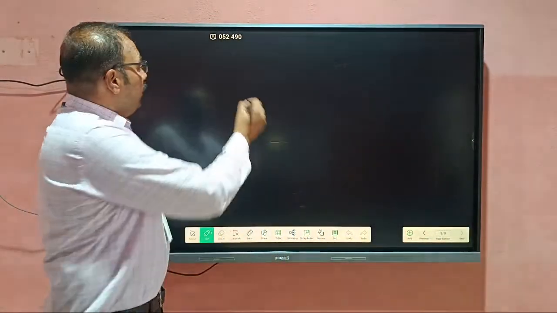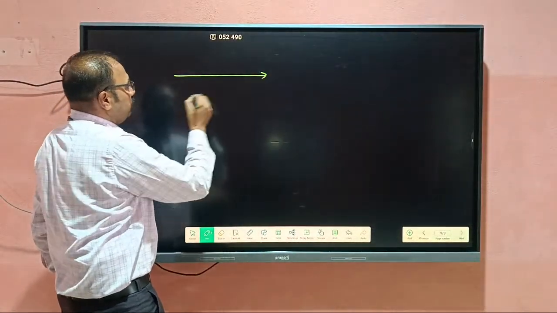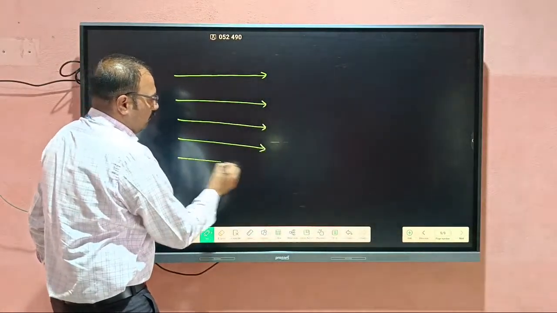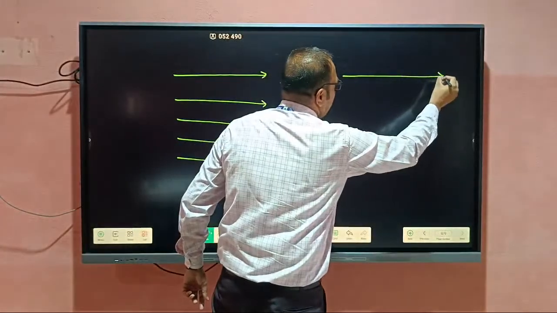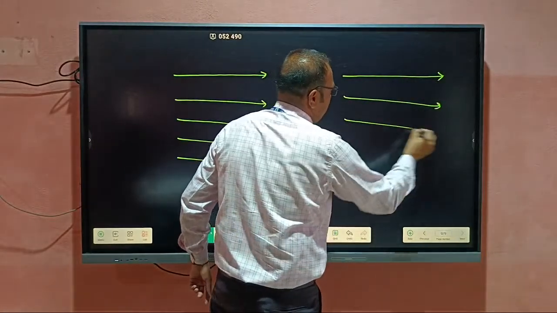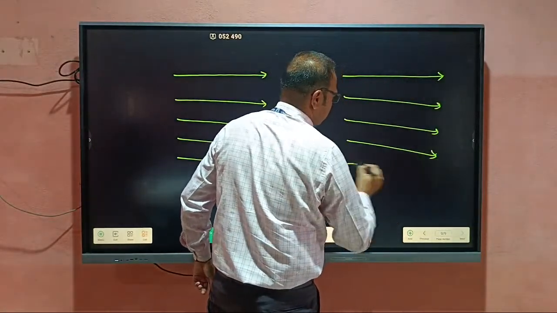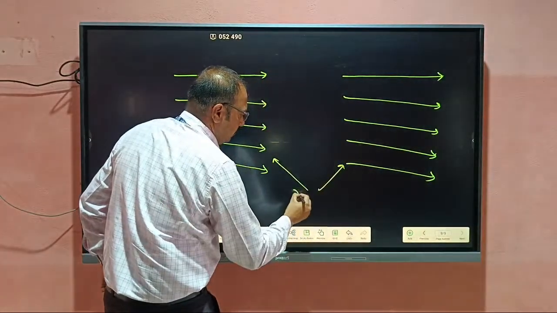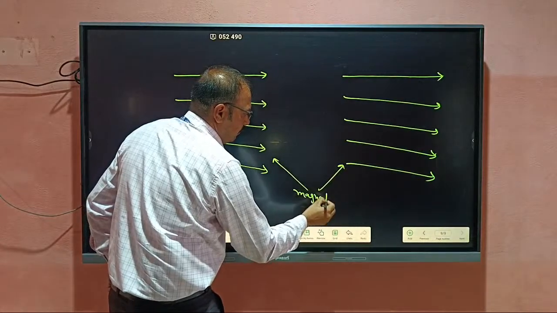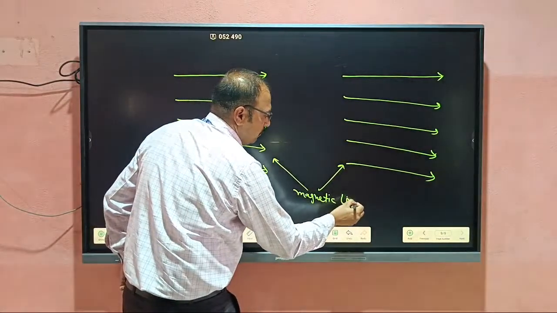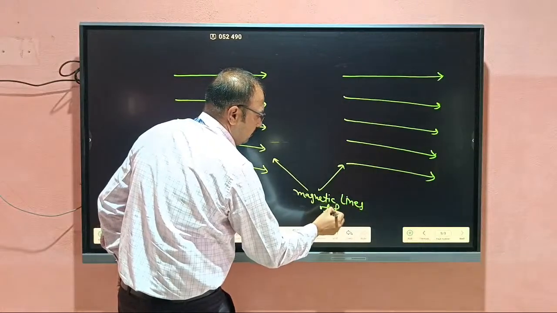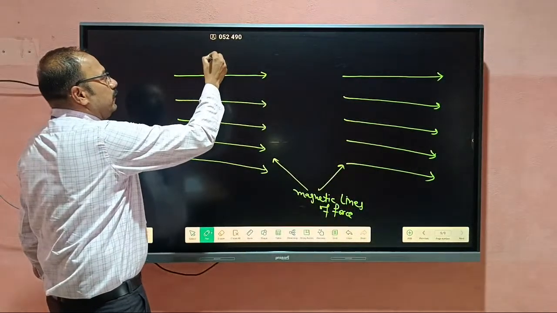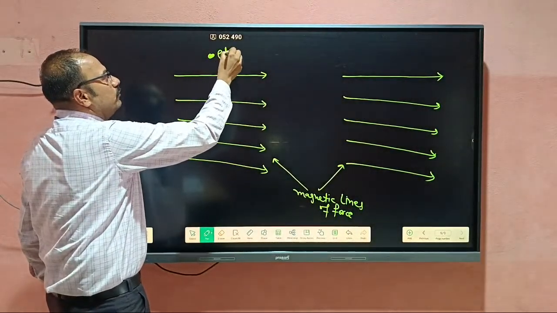So for example, this is a magnetic field. These are the magnetic lines of force and a charged particle. This is a charged particle. This is an electron.